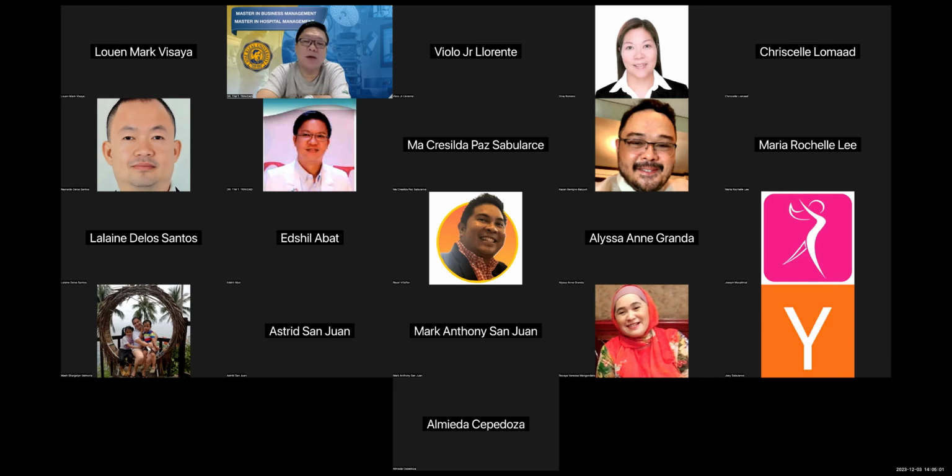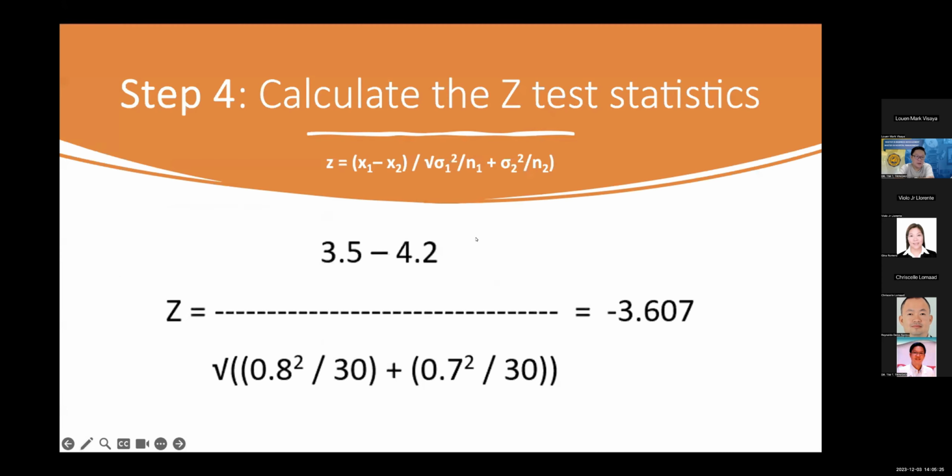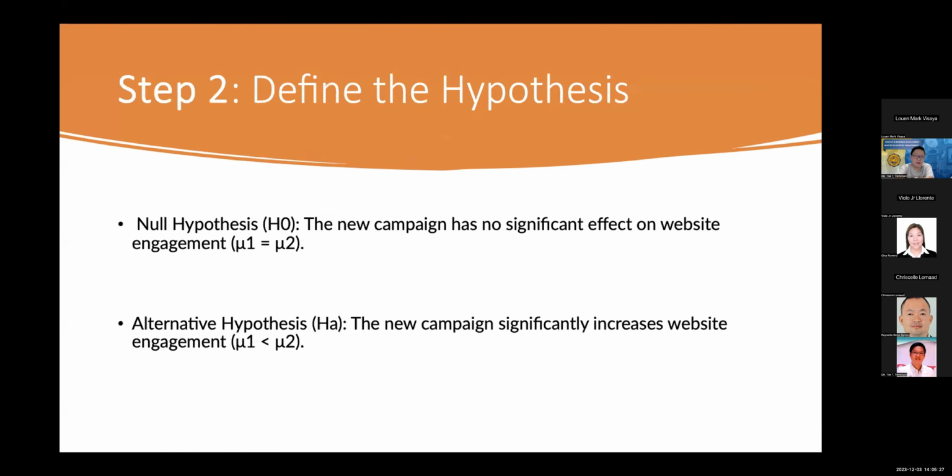It should be negative one-tailed. So we're leaning to lesser engagement. But what was your hypothesis? This is what is in our problem, sir: the new campaign significantly increased the website engagement.